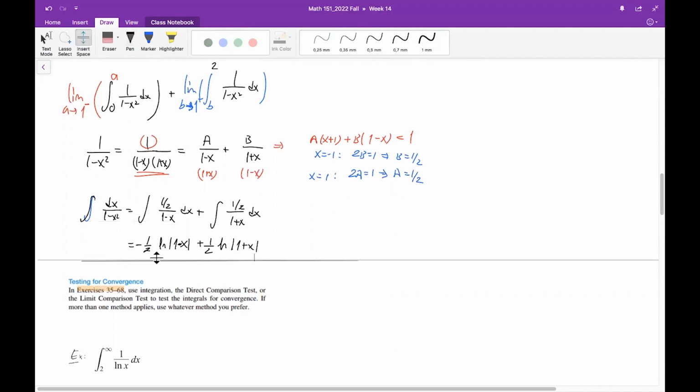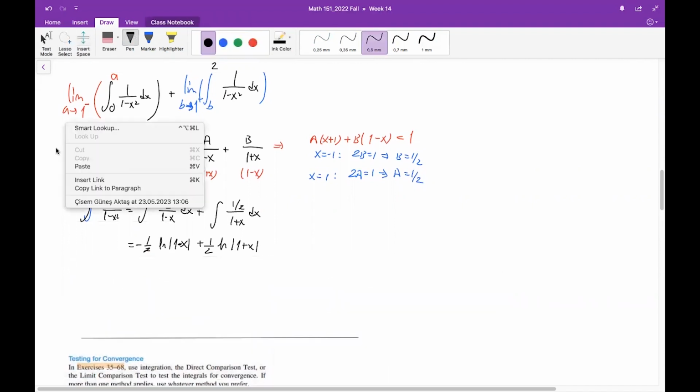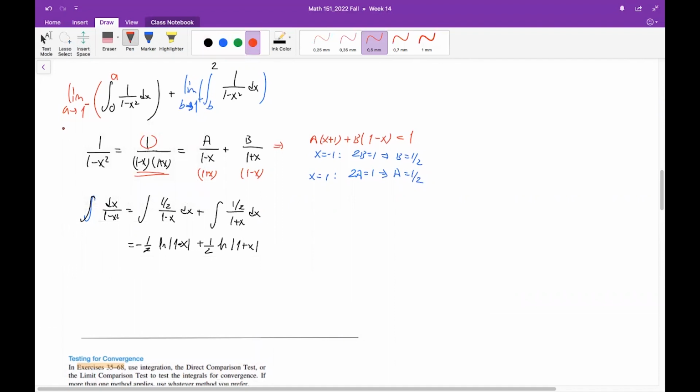So for our improper integral, I should insert this evaluated result into the limits. a goes to 1 from left. So this is what we have, right? Minus 1/2 ln of 1 minus x. These are absolute signs, be careful.